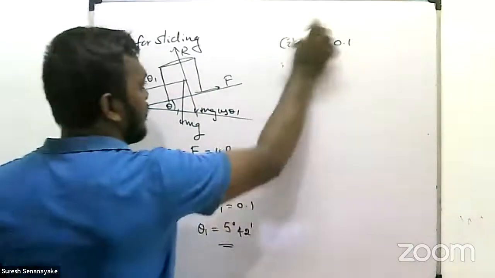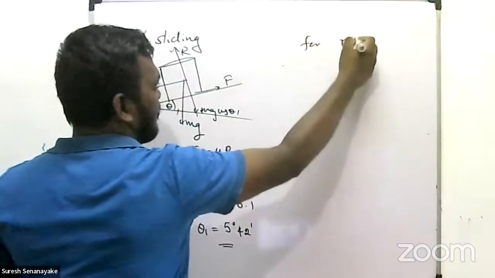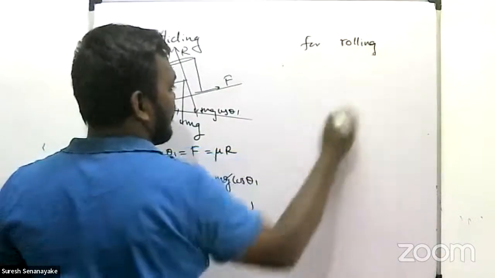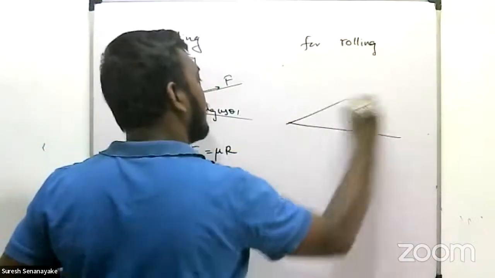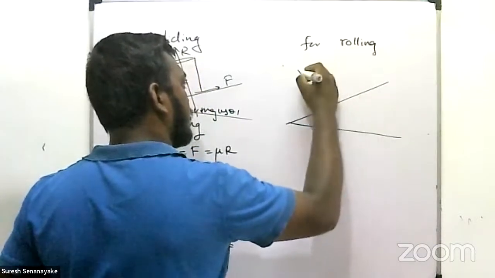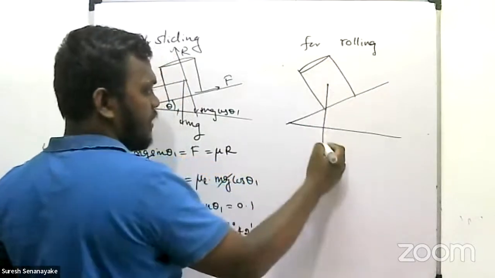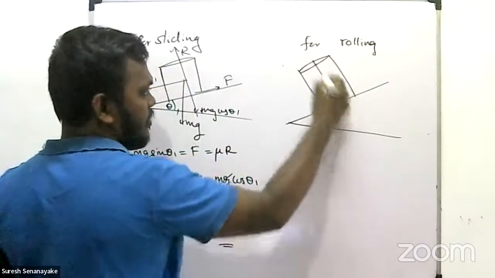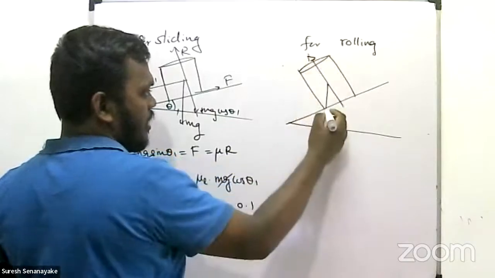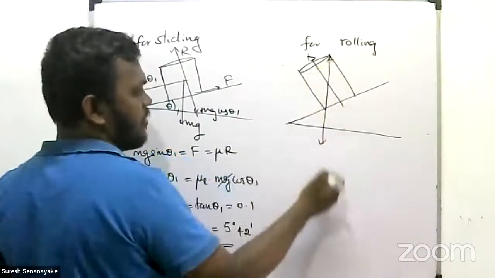And then, it should act at this edge, because the normal reaction is also acting on this point.